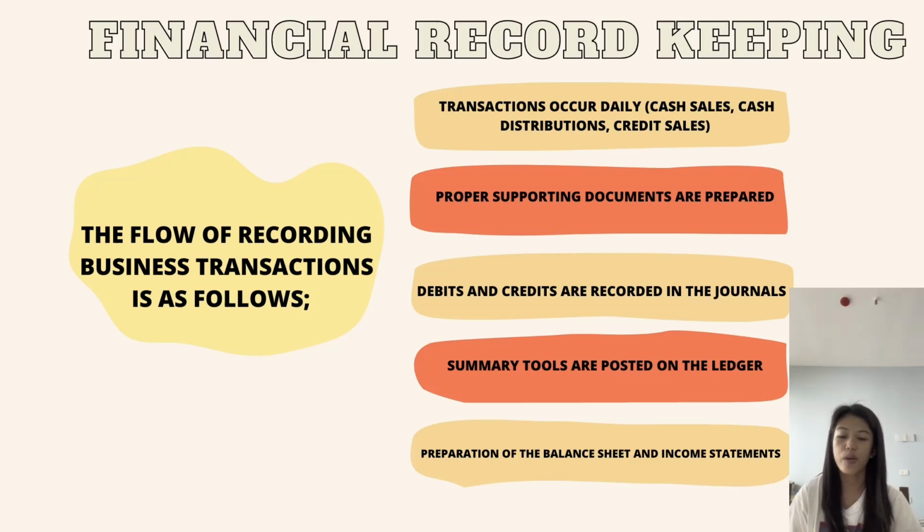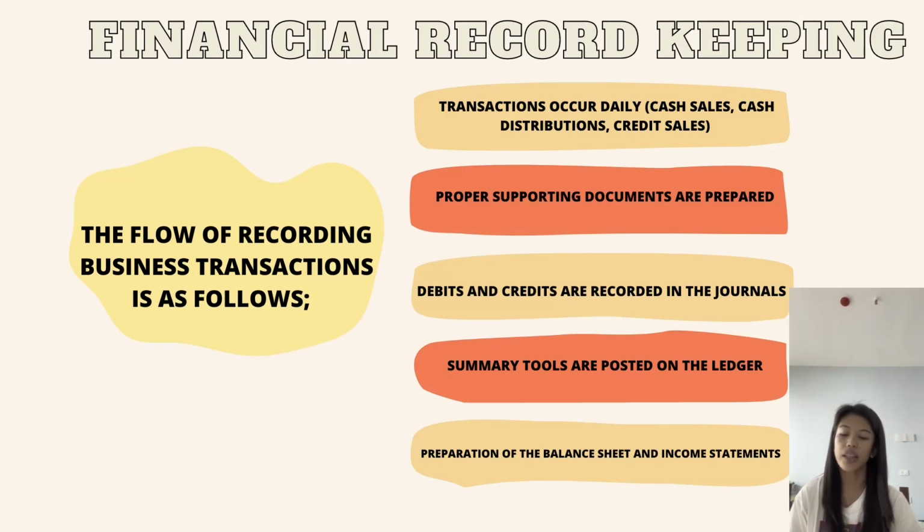And next, the proper supporting documents are prepared, which is ang mga receipts sa inyong gipurchase na mga items to be sold for profit. Then ang receipt sa imong sales every day, which is mao na siyang ma-occur sa imong daily sales of record keeping.